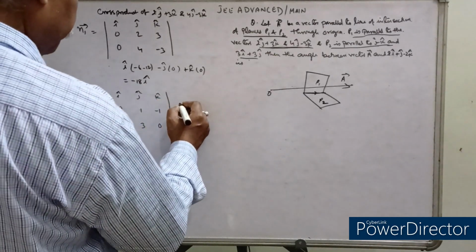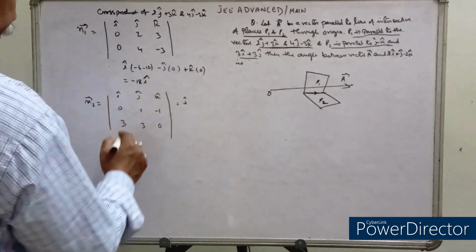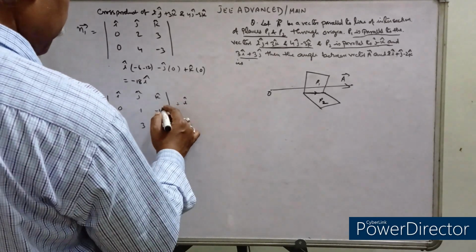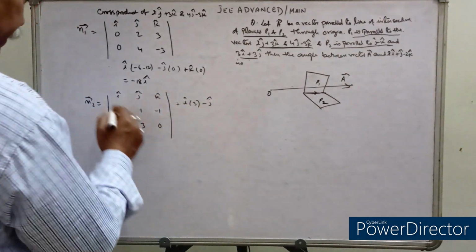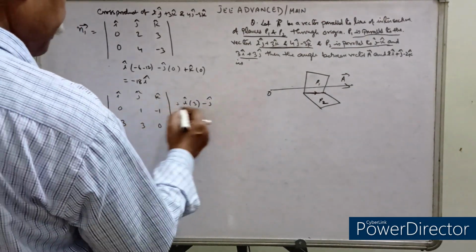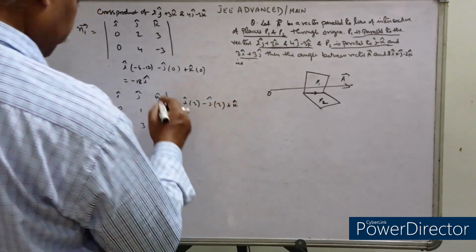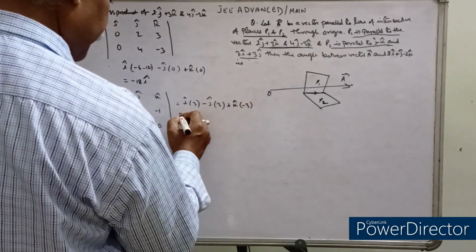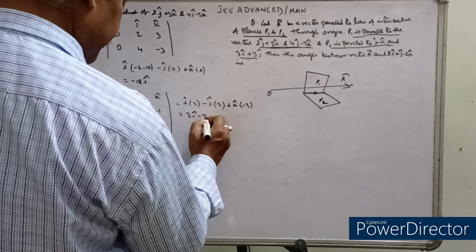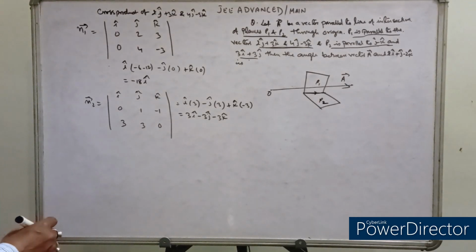Equal to i cap, 0 minus minus, that is 3, minus j cap, this is 0 and minus minus is plus 3, and then k cap, this is 0 and minus 3, this is minus 3. So this is 3 i cap minus 3 j cap minus 3 k cap. So your n2 vector is this.